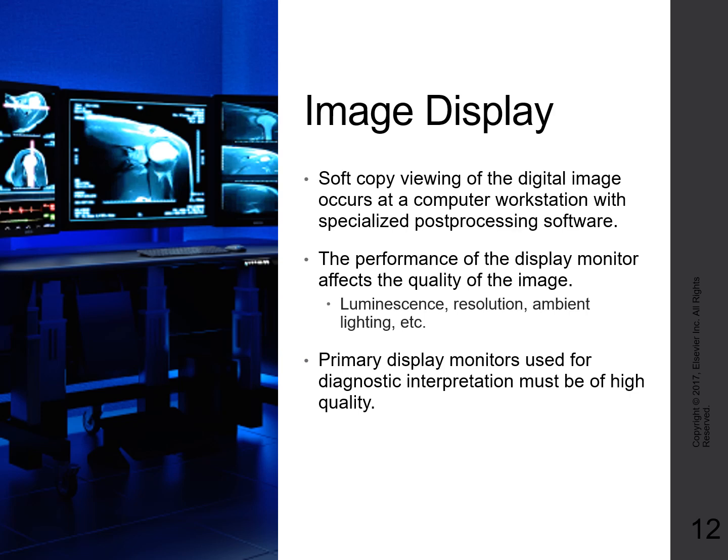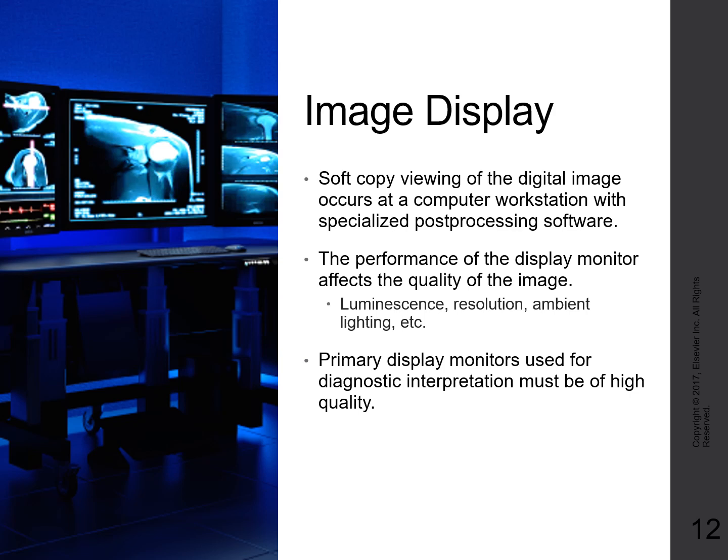Now that we are so dependent on these soft copy images, we can't just grab any old monitor or TV and assume that we're going to get an accurate view of an image. So now they've put a lot of time and energy and study into image displays, and we've had to start doing a lot more quality assurance on these displays to ensure that what we're really taking is actually being seen.